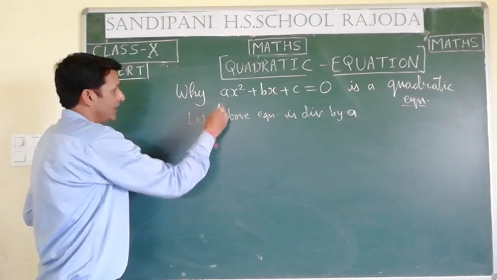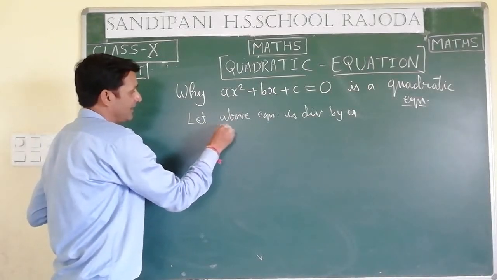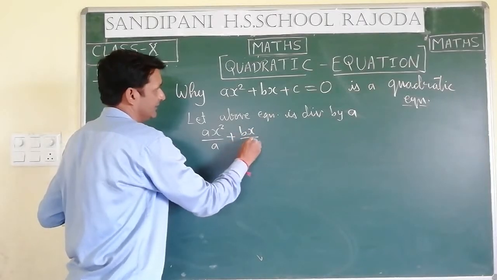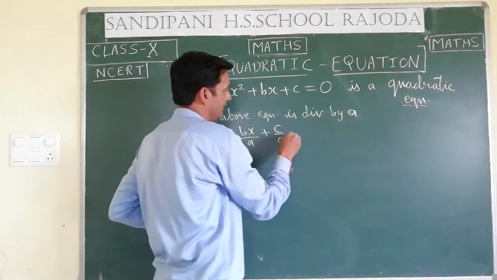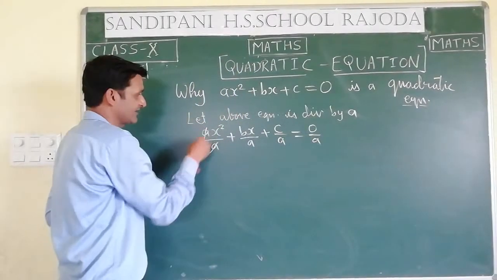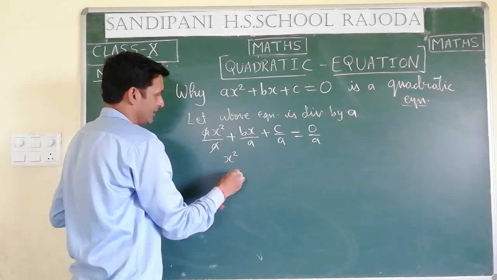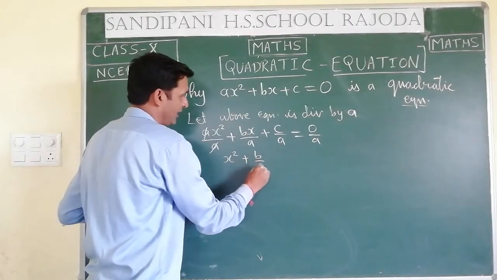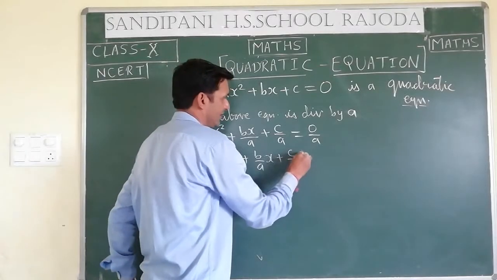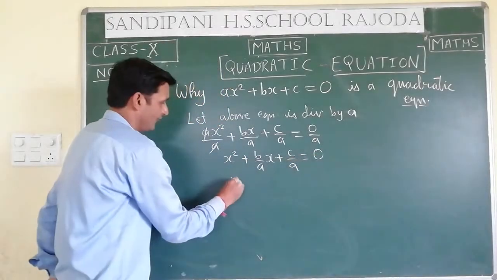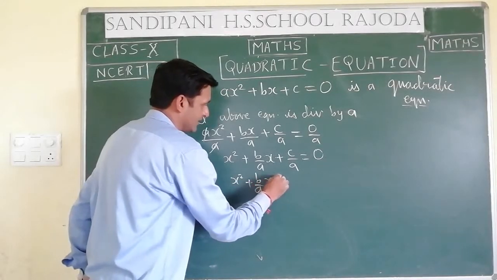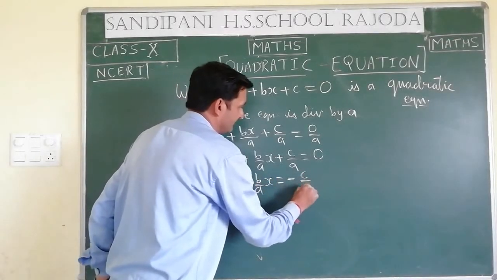So if we divide it by a, then it will be ax square upon a plus bx upon a plus c upon a is equal to 0 upon a. So this a is cancelled. x square plus b upon a into x plus c upon a is equal to 0, or we may write it x square plus b upon a into x is equal to minus c upon a.